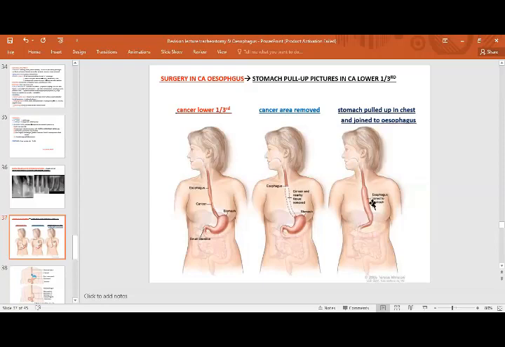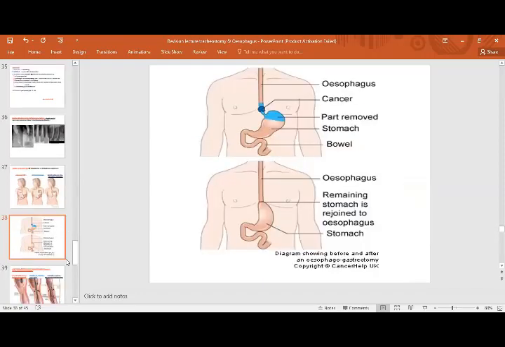This is the final result of the stomach pull-up. This part is removed, and the remaining part of the stomach is joined to the esophagus.